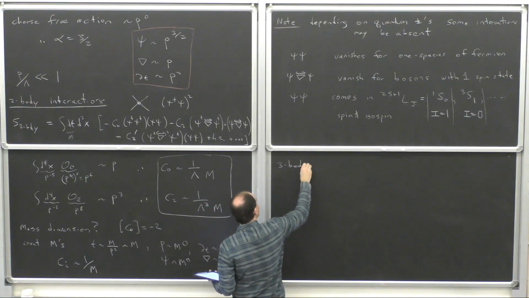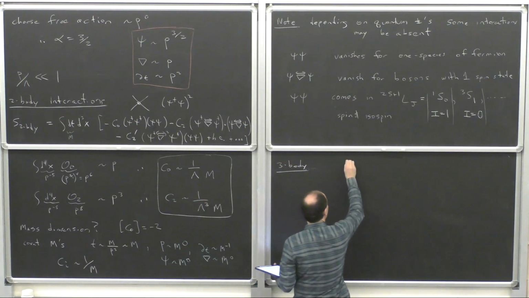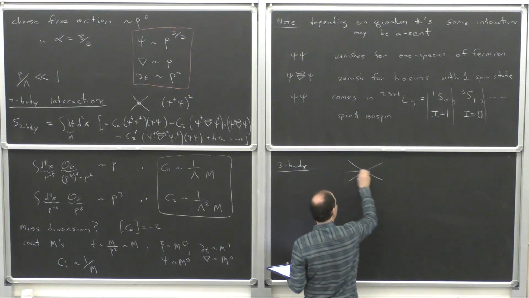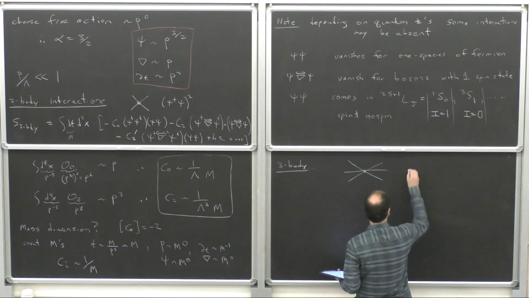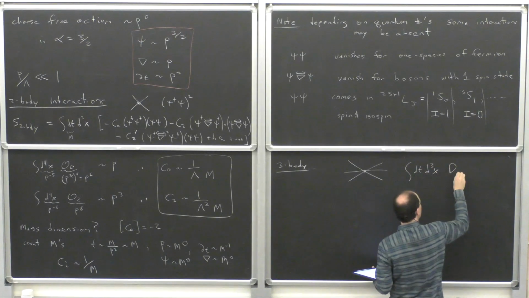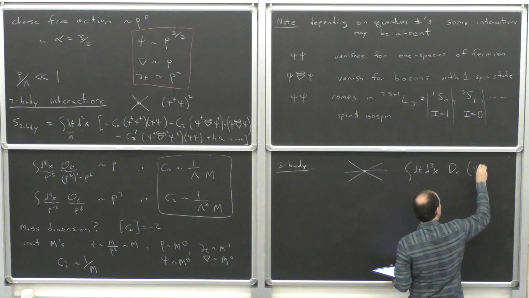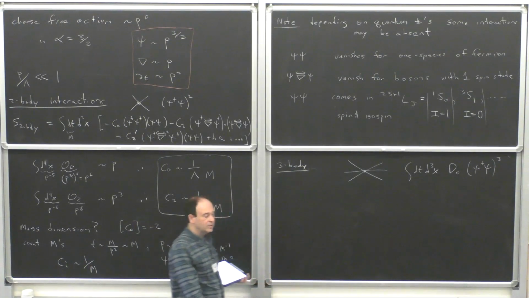Let's keep going. What about three-body? Three-body short range. This would be an interaction where three things come in, three things go out. Let's do some power counting. I'll call the coefficient D0. I just have three psi daggers, so psi dagger psi cubed.